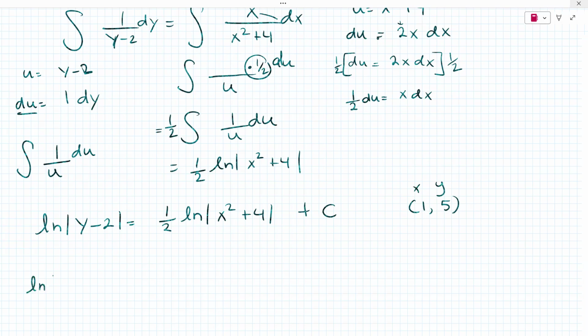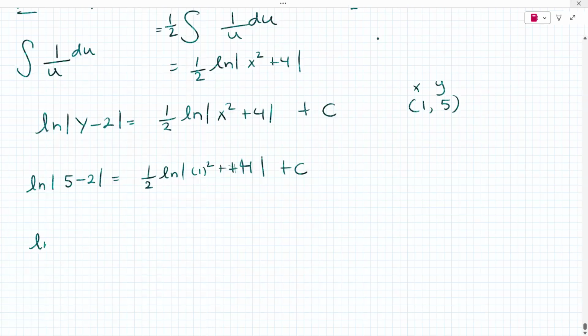That's the ln of y, which is 5 minus 2, equals 1/2 ln of x, which is 1 squared plus 4, plus c.